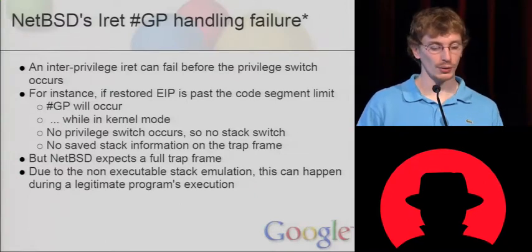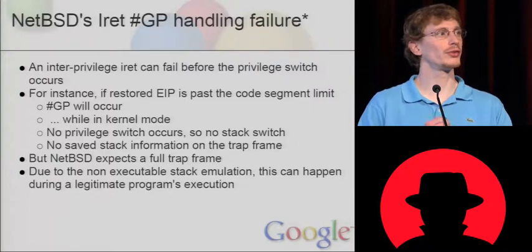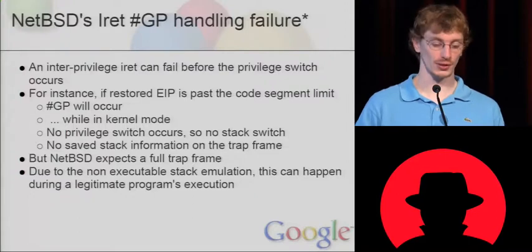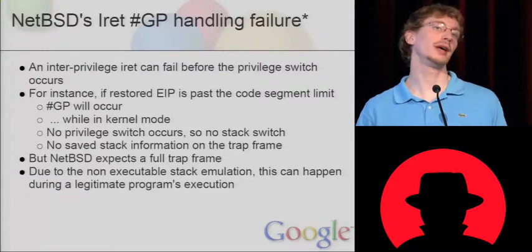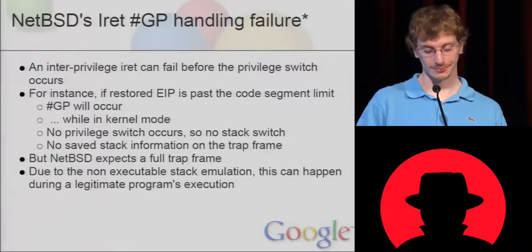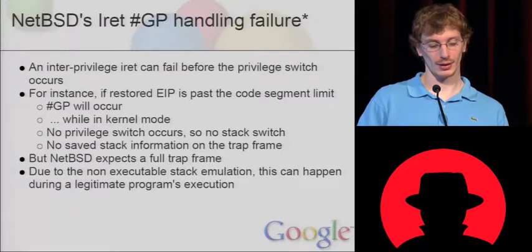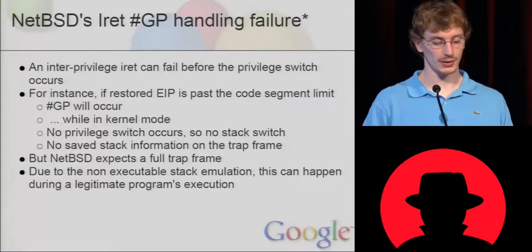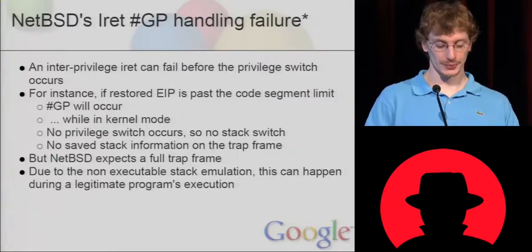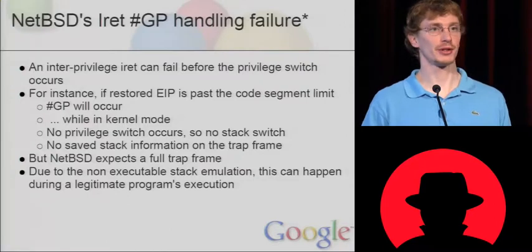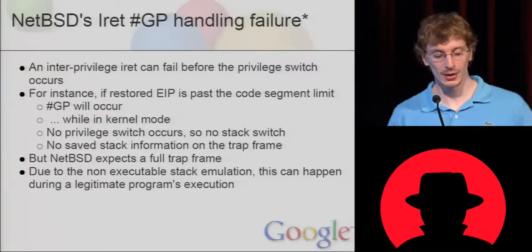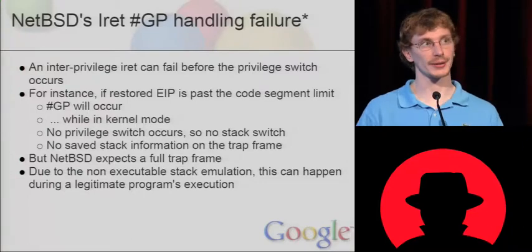And so we were thinking about this, and we also found out that the way the non-executable stack emulation works on NetBSD is they put a code segment limit just below the stack. So we found out that during a legitimate program's execution we could trigger the bug, because if you happen to have legitimate code on the stack, which happens for instance if you have nested functions in GCC, you can get a trampoline on the stack.